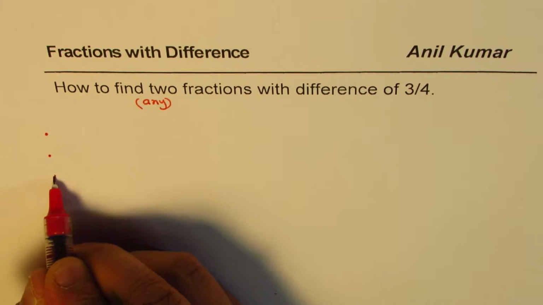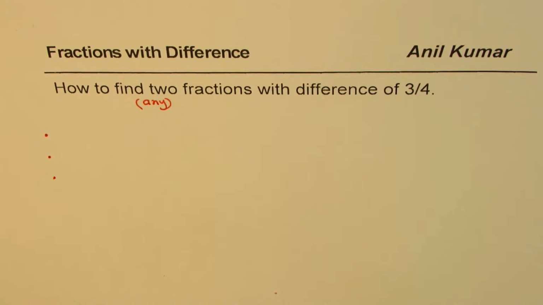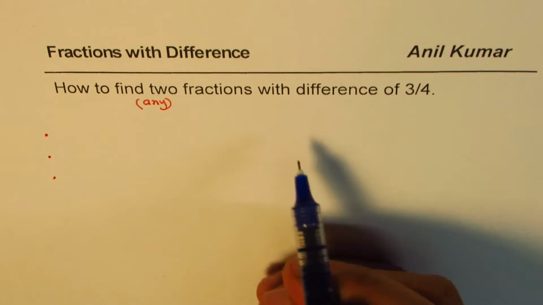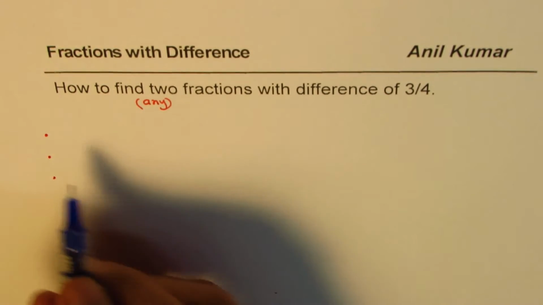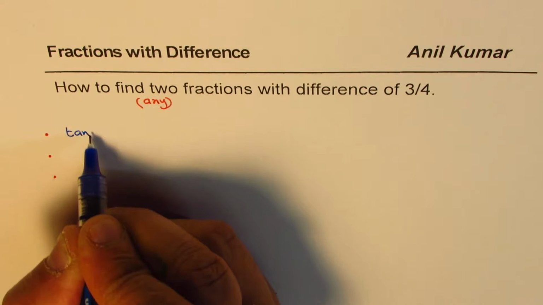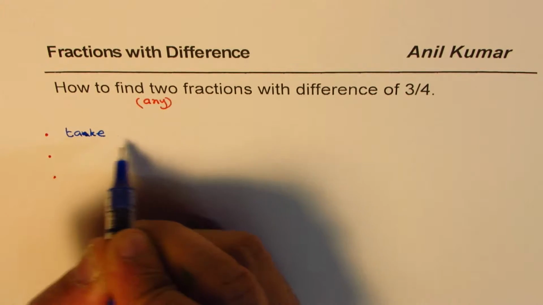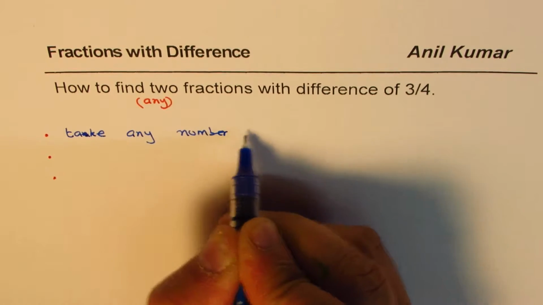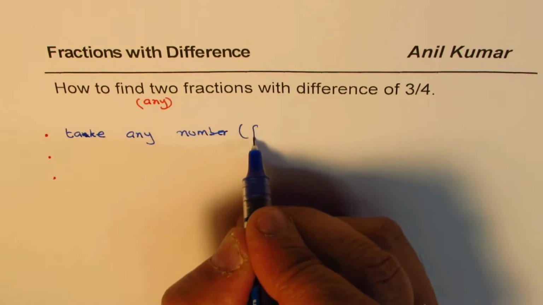So what should you do to get a solution to this type of question? How to find two fractions with a difference of 3/4? What we can do is take any fraction, or take any number, preferably in this fraction form.